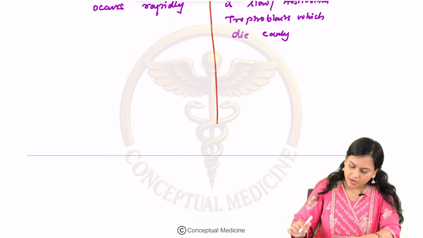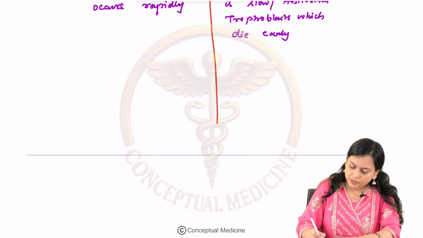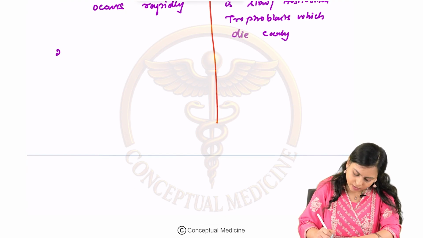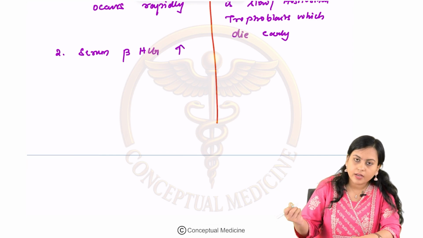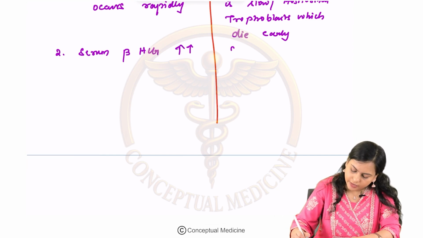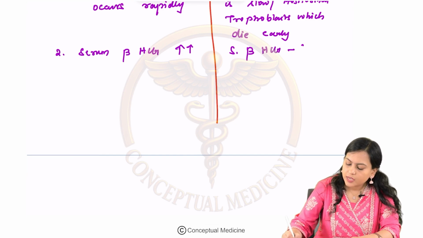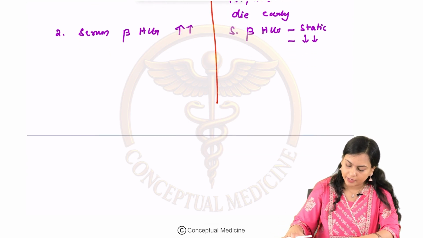And what will happen to your serum beta HCG value? In acute, serum beta HCG levels are high, whereas here serum beta HCG values are stagnant or static, or they can decline at a rapid rate.